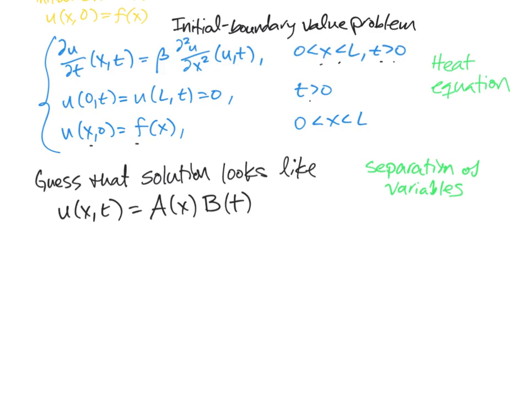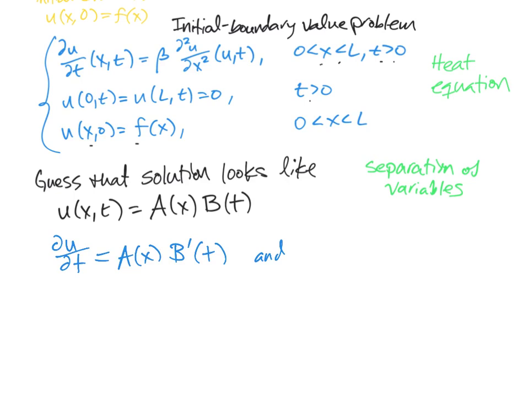So now the reason that we do this is that if our function is separable like this, then we can compute our partial derivatives really easily. So we can see that du/dt, this is the derivative with respect to t, is just going to equal, we leave the a of x alone, and we get a b prime of t.